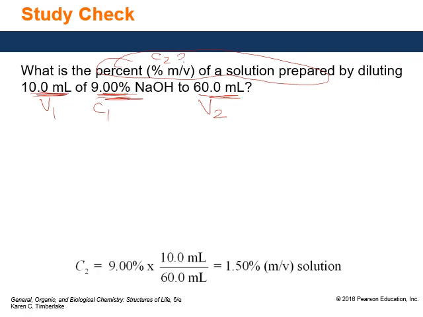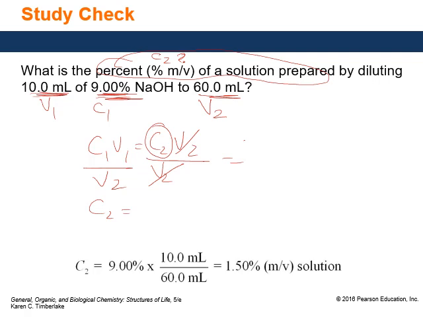Again, what am I solving for? C2. So what's the formula? C1 V1 equals C2 V2. I'm solving for C2, so I need to get rid of V2, so I divide by V2 on both sides. This and this got cancelled. My answer is that C2 equals C1 V1 over V2.